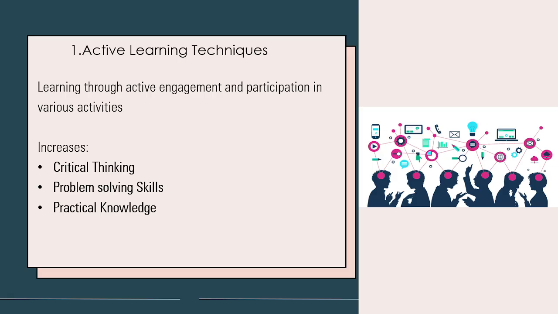Use active learning techniques. Active learning shifts the focus from passive content consumption to interactive engagement, allowing students to apply concepts, think critically, and solve real world problems. Unlike traditional lectures, active learning involves activities such as problem solving, case studies, role playing, and hands on projects that require student participation.